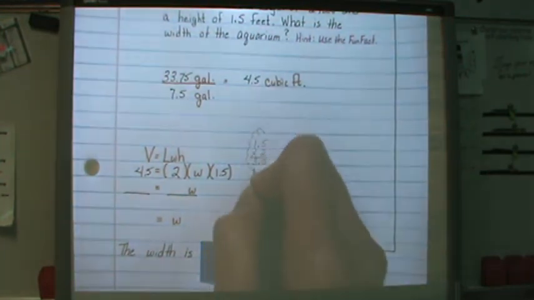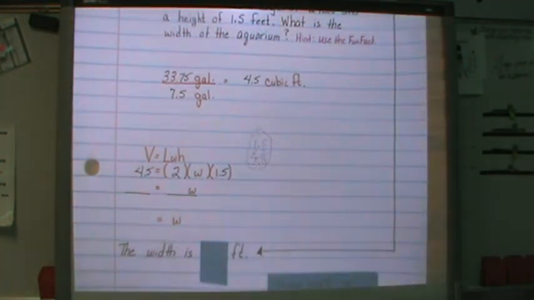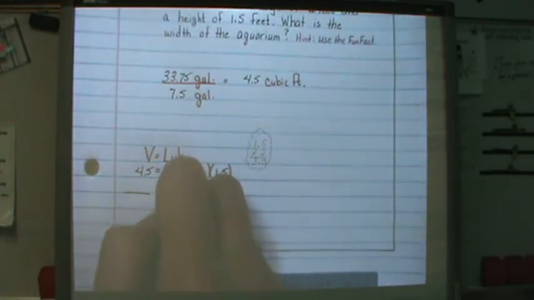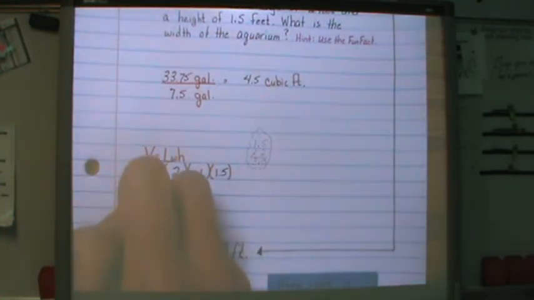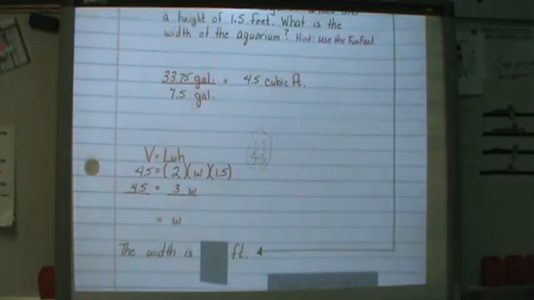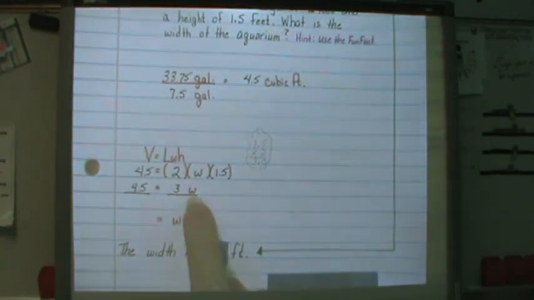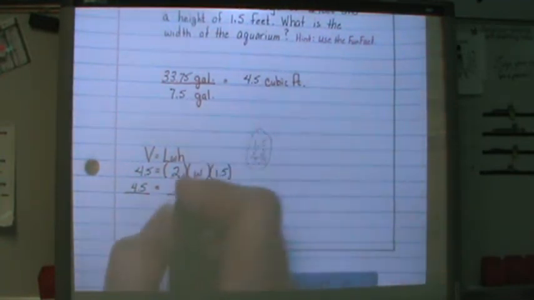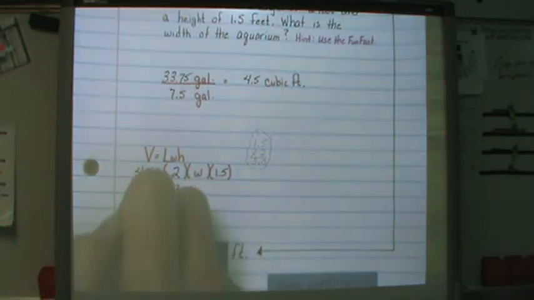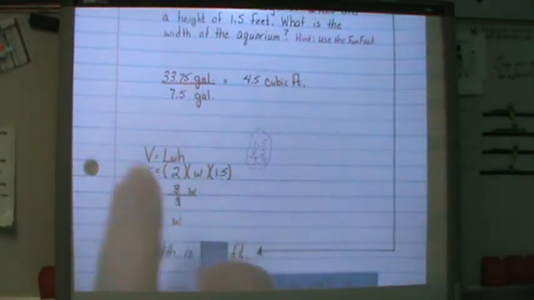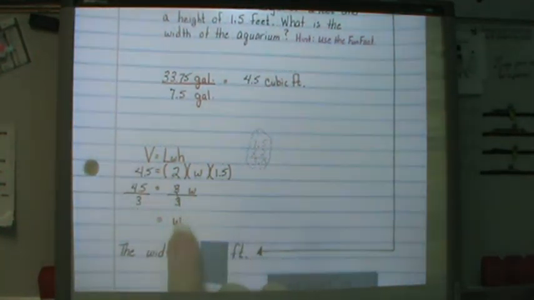And I get 3. So now I have to get W all by itself, and to do that, I have to undo multiplication and divide both sides by 3. That leaves W all by himself.